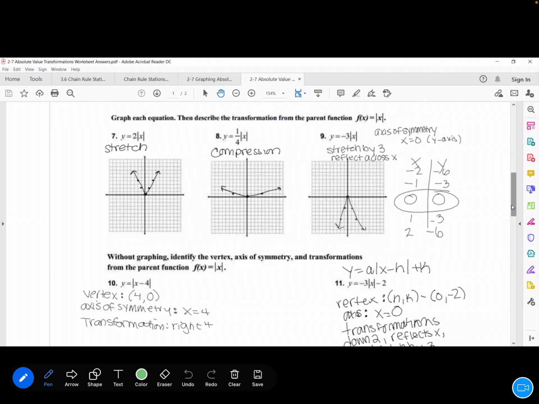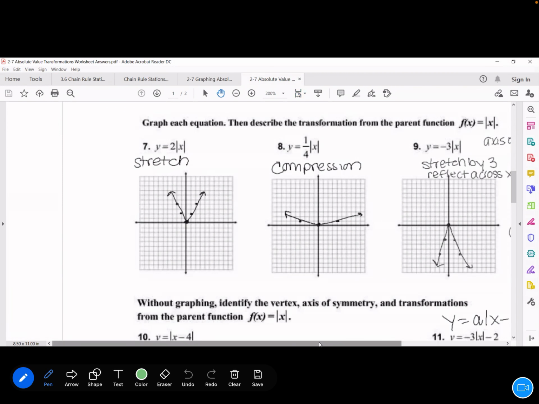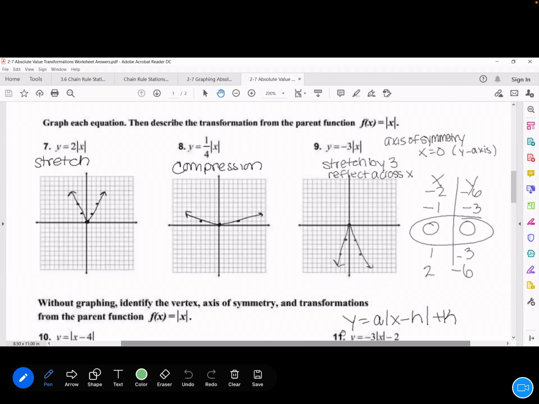Then in 7, 8, and 9, these transformations are all affecting the A value. That means that they are going to be stretched or compressed. So go ahead and take a minute and investigate those 3 examples.